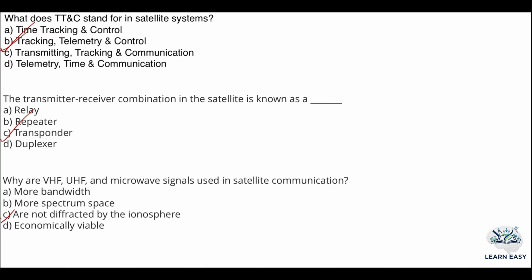They can pass through the ionosphere with minimal reflection and diffraction, making them suitable and reliable for satellite communication. If we use low frequency signals, they will be reflected or absorbed by the ionosphere, which would disrupt the communication. So we usually use VHF, UHF and microwave signals for satellite communication. The answer is option C.